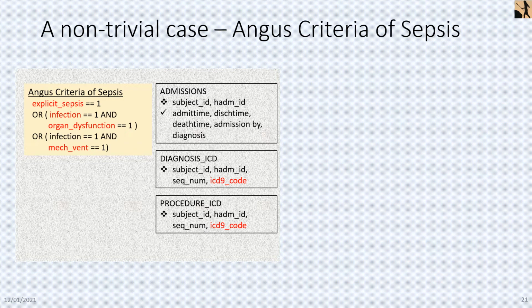Why do I say that? Just a simple fact that this criteria involves all this billing information. Those ICDs, International Classification of Diseases, a lot of them exist because we need them for billing purposes. So for all these billing purposes, a lot of them are after-the-fact type of things, right?